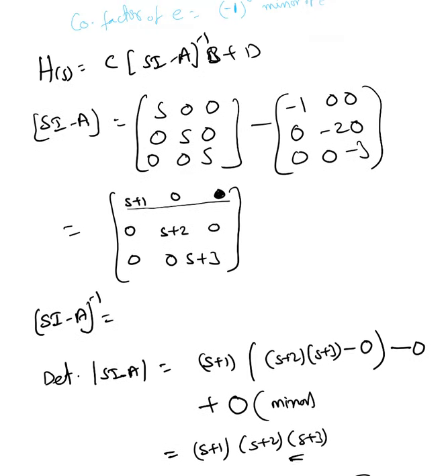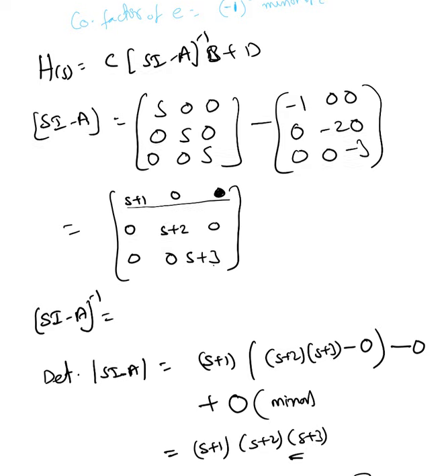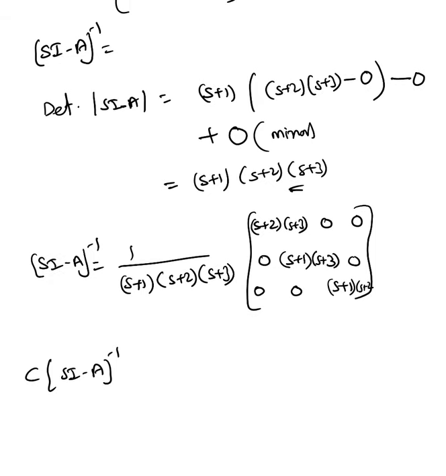You have three elements there. To get the first element, eliminate that and multiply these two. To get the second element, eliminate this element and multiply the remaining two. Third one, same thing. This is valid only if you have only diagonal elements. That's kind of a shortcut.